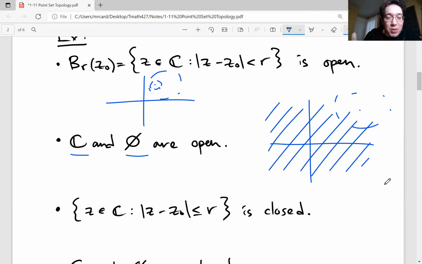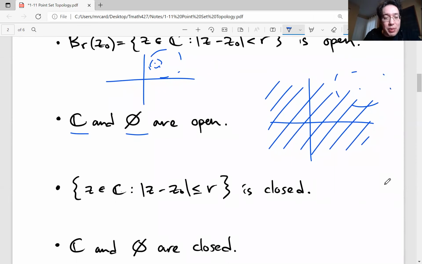If you're looking at a set of nothing, then every point, which is none of them, is an interior point. Vacuously true because there's no point to test. So the empty set is also considered open. That might be weird to think about, but it's important to know. These kinds of edge cases do pop up.